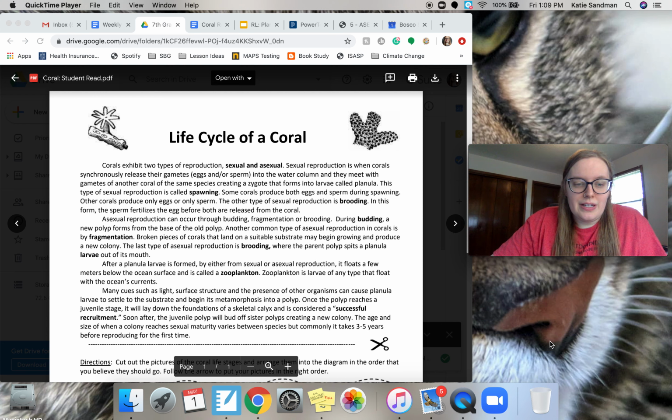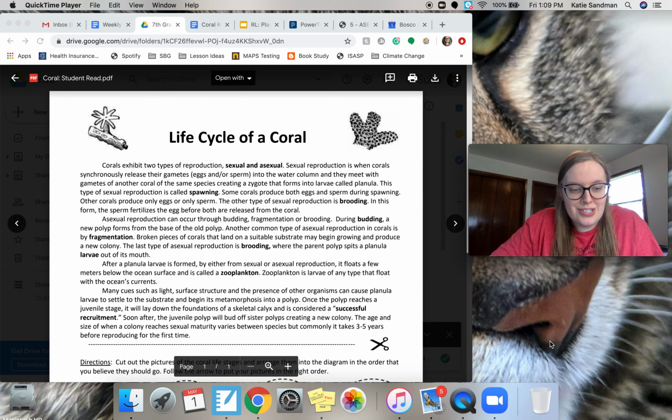After a planula larvae is formed by either sexual or asexual reproduction, it floats a few meters below the ocean surface and is called a zooplankton. Zooplankton is larvae of any type that float with the ocean's currents. Many cues such as light, surface structure, and the presence of other organisms can cause planula larvae to settle to the substrate and begin its metamorphosis into a polyp.